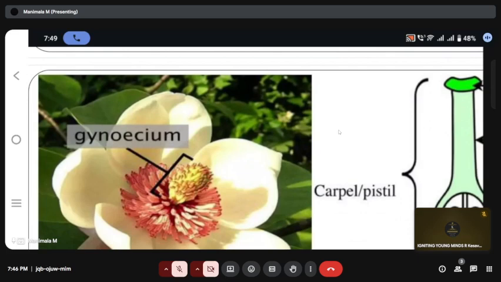Each ovule contains a large embryo sac at maturity.